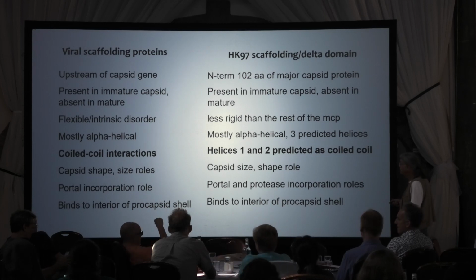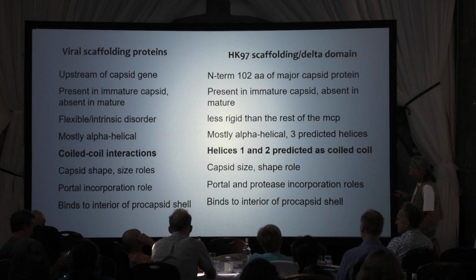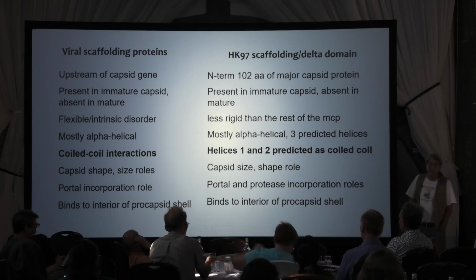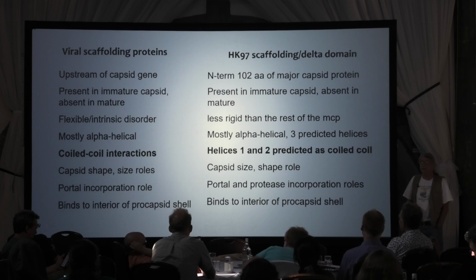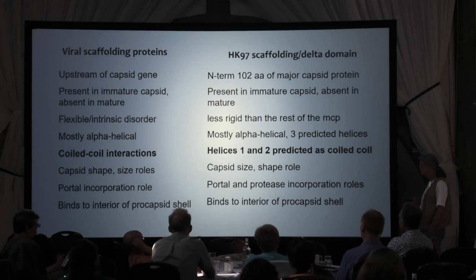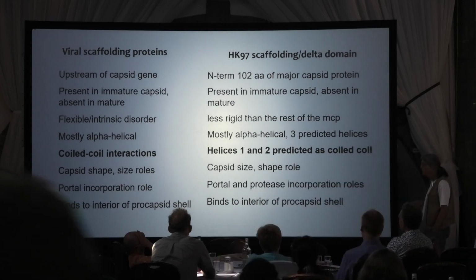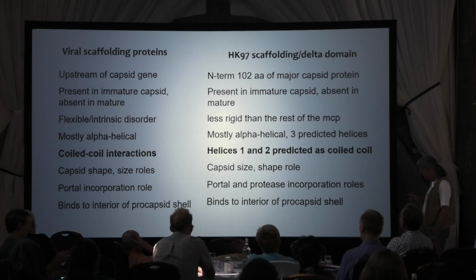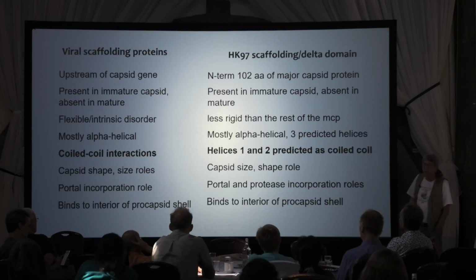Viral scaffolding proteins play a role in scaffold size and shape regulation. In the absence of a scaffolding protein, you get abnormal assembly. And then there are special conditions where the scaffolding protein might influence the capsid size, depending on which system you look at. You also have a role in portal incorporation.